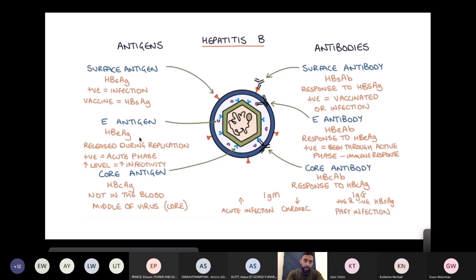The level of E antigen tells you the viral load of this individual. So if the viral load is very, very high in the E antigen, you think this person is actually very, very infectious. Whereas if the E antigen is extremely low, you think, yes, this person has the virus, but the viral load is so low that the chance of transmittability is quite low. So it's the same for any kind of virus, whether it be COVID or anything. You assess the viral load with it as well.